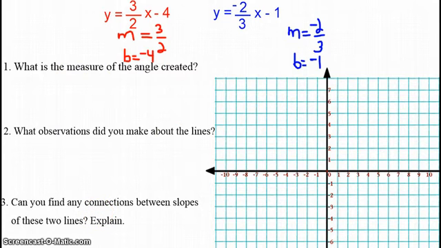Starting with the first one, we have a y-intercept of negative 4, and we are going up 3, to the right 2. Up 3, to the right 2. Up 3, to the right 2.